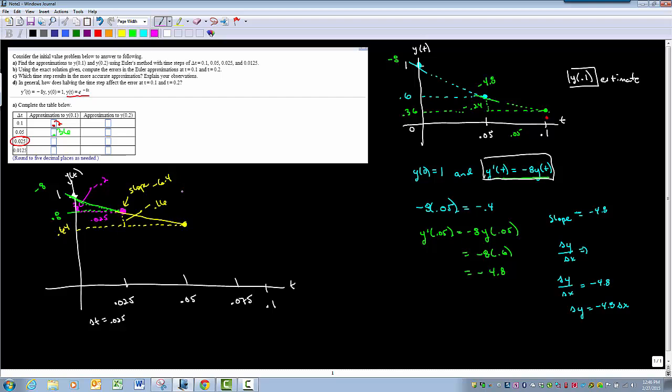Now we're going to use the tangent line slope again to get over to here. The slope here is going to be equal to negative 8 times the height. Well, the height is 0.64, so 0.64 times negative 8 is negative 5.12.